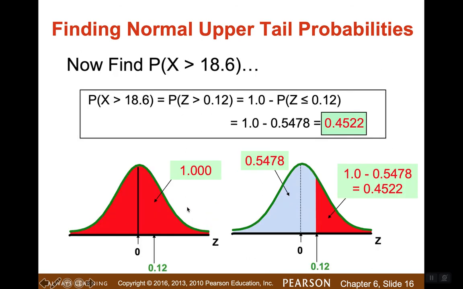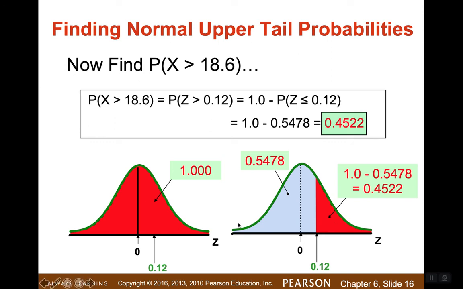Once again, we do the same calculation. Except in this case, we take our value of 0.5478 and simply subtract it from 1, which means it's 0.4522.